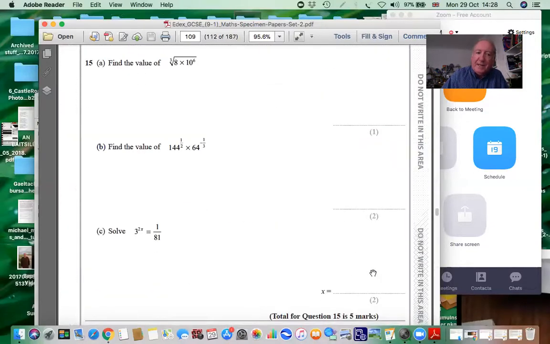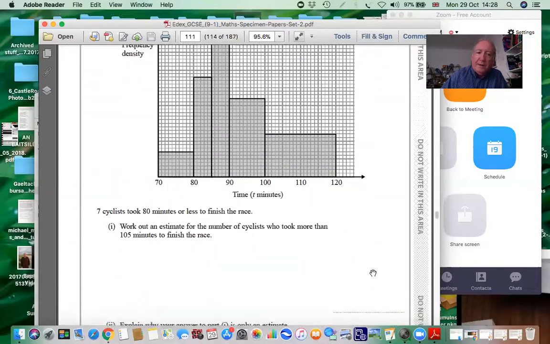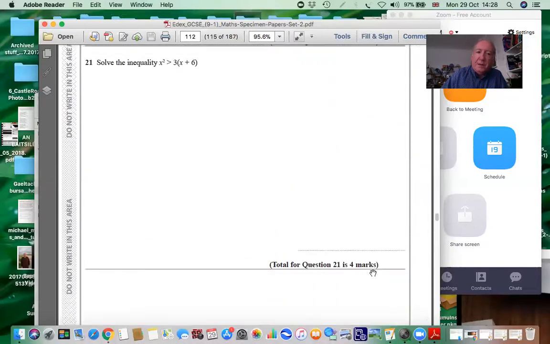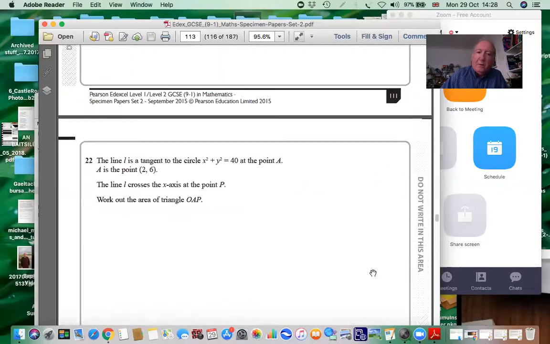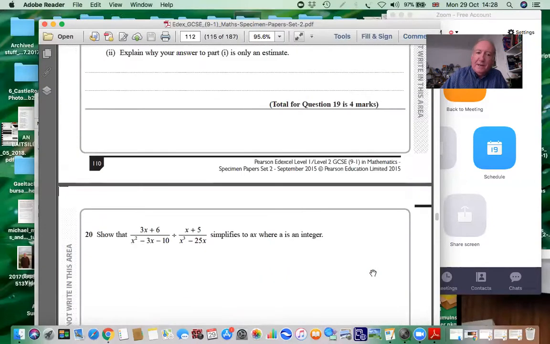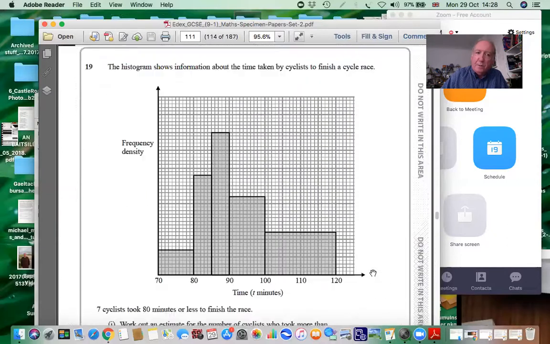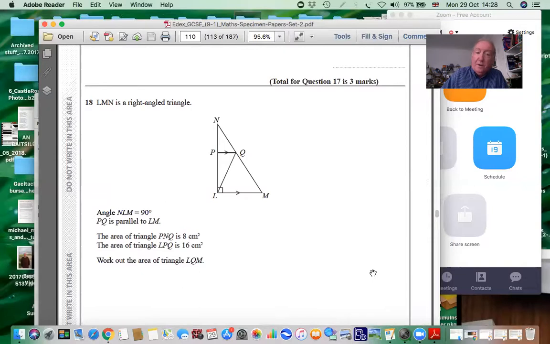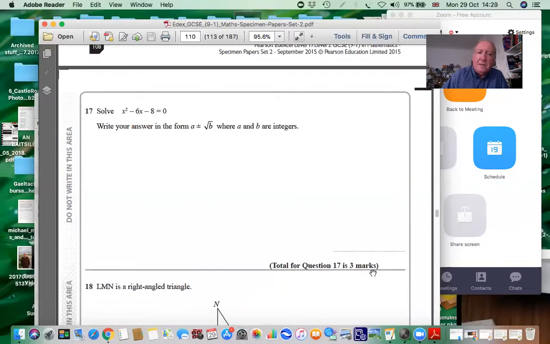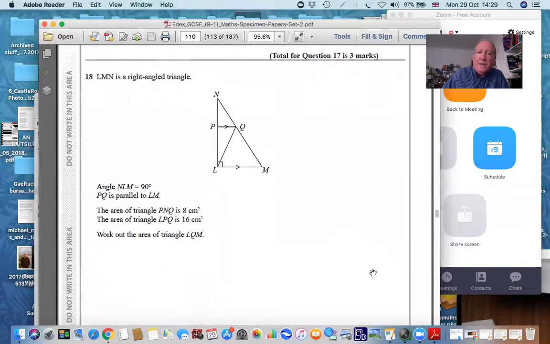Like there's 20 odd questions, 21, 22, and these are the quite tricky ones we can expect to find towards the end of the paper. So I'm going to look at question 18 because I found it earlier and I like the look of it, as well as question 17 looks nice, but I thought we'd look at question 18.